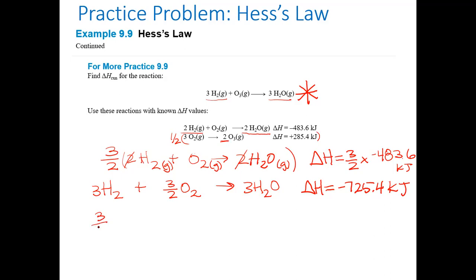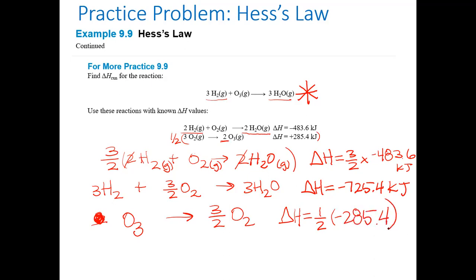Oh, wait, we've also got to reverse it. So O3 yields 3/2 O2. So then our delta H, multiply it by 1/2, but you also got to change the sign. So multiply 1/2 times the negative of what you see there.